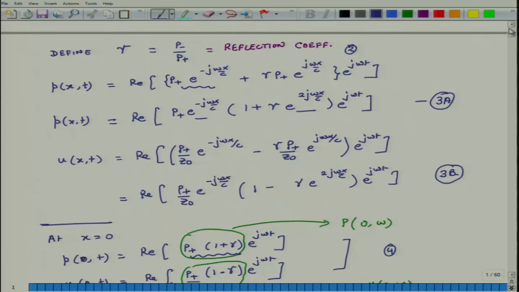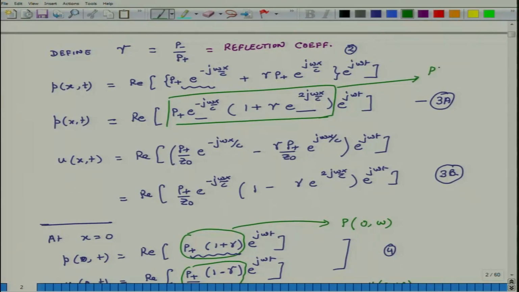Now, we will go back to our equations 3a and 3b, and we note that this entire term is the amplitude of complex pressure. If I remove e to the j omega t from this entire term, that is the amplitude of the complex pressure, and this amplitude changes from position to position, because there is e to the j omega x term in the system.